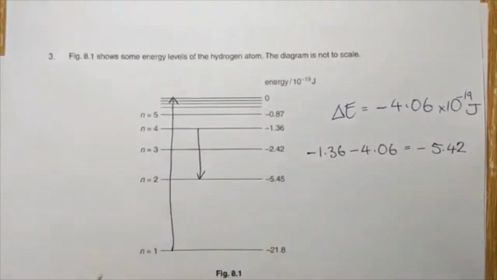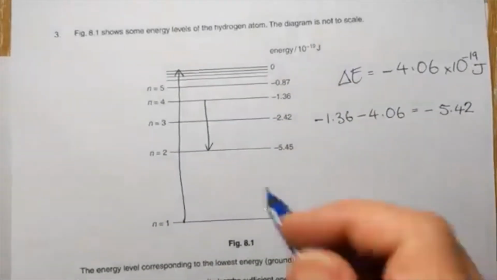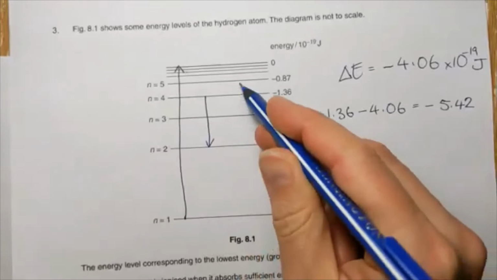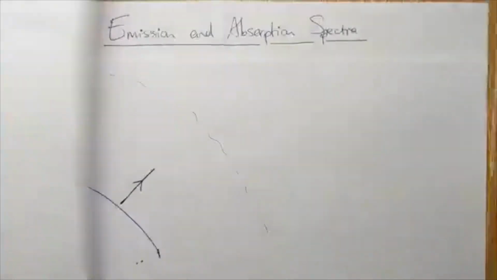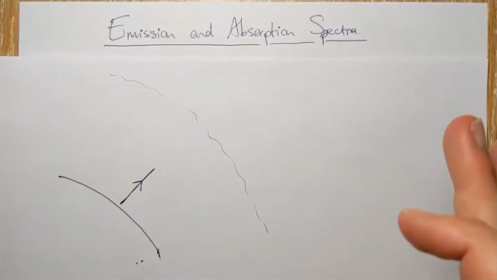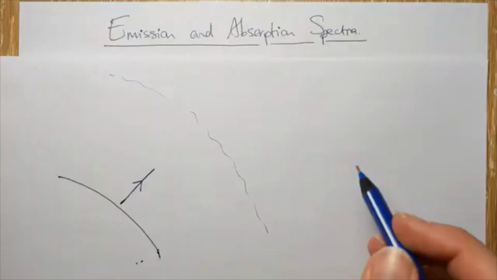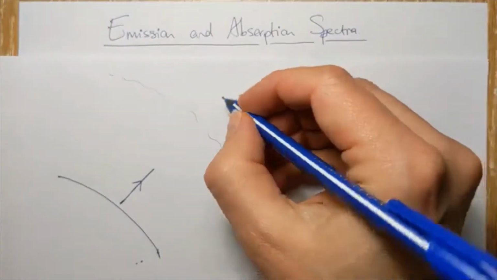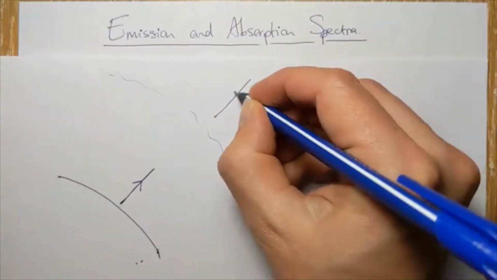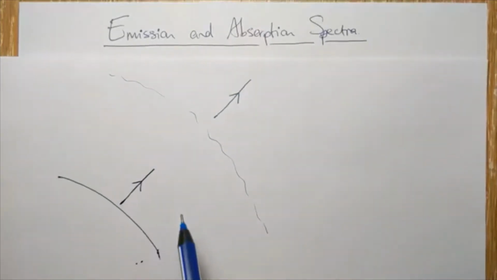But if you were a photon coming out of the centre here, and your energy was exactly the same as one of these energy gaps in one of those atoms, then you would get absorbed, and then re-emitted in some other direction.